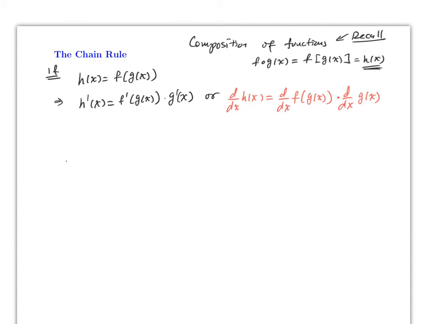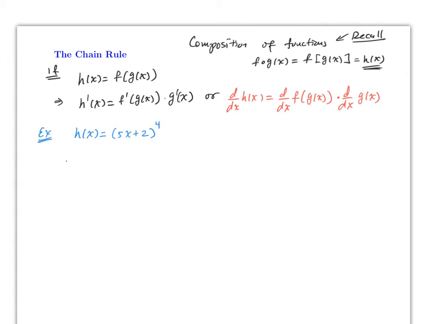Alright, so let me show you an example on why the chain rule is such a big deal. Let's say that you have h of x equals (5x plus 2) to the 4th power. Okay. So therefore here you have two functions, 5x plus 2, which is the g, and the 4th power, which will be f.